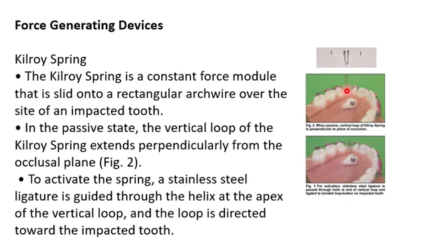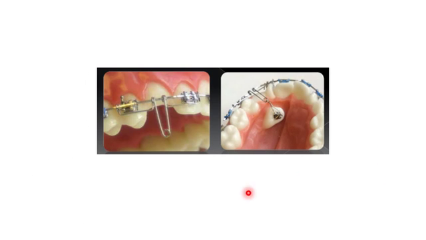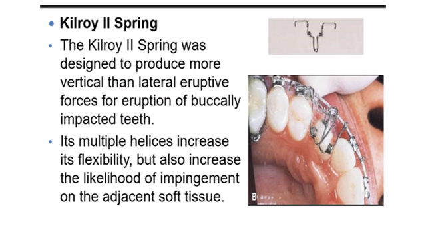The vertical loop extends perpendicular from the occlusal plane, and to activate the spring, a stainless steel ligature is guided through the helix at the apex of the vertical loop, as the loop is directed towards the impaction. Here are the Kilroy springs, directed palatally to extrude the canine by a ligature wire.